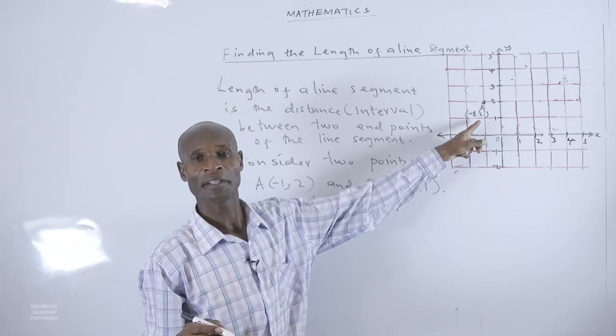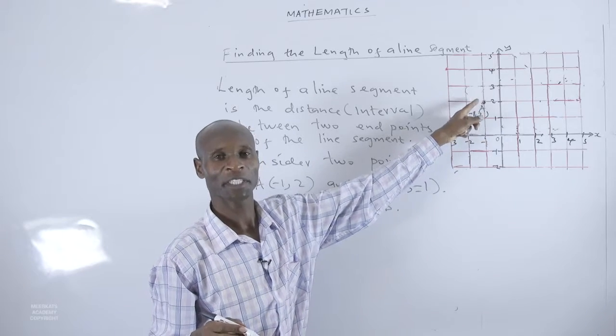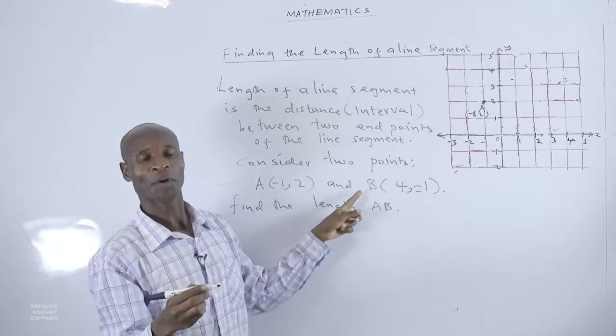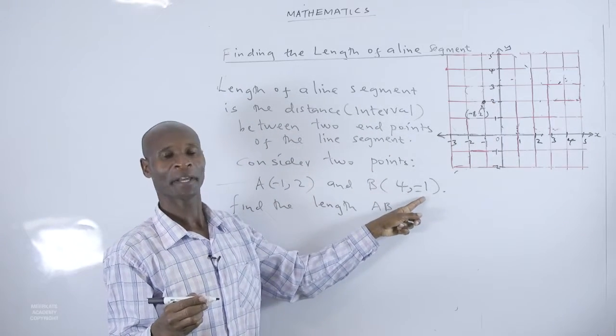So point A is negative 1, 2. It has been plotted using that dot. Then point B is 4, comma, negative 1.